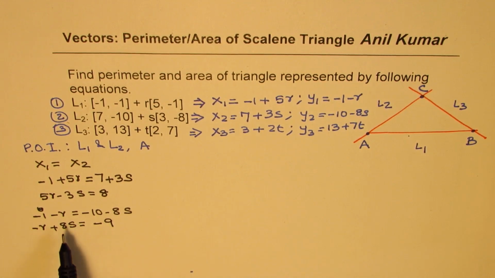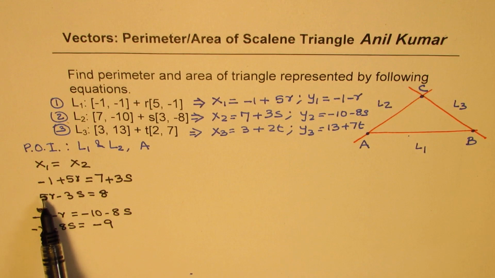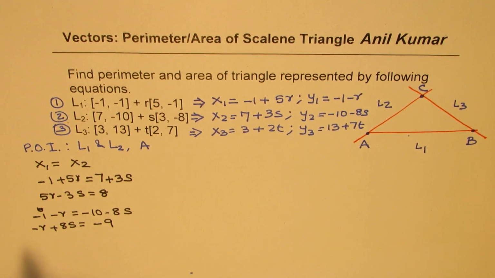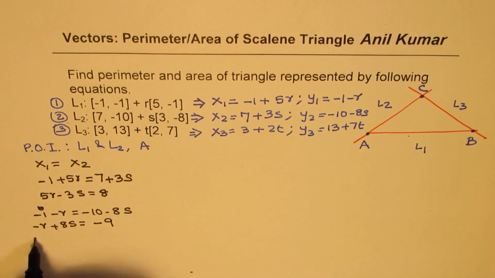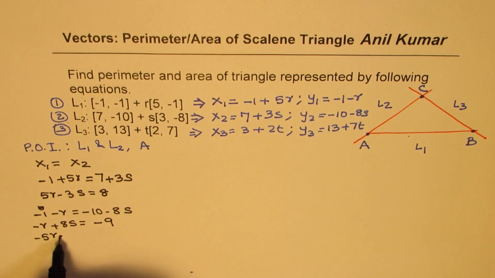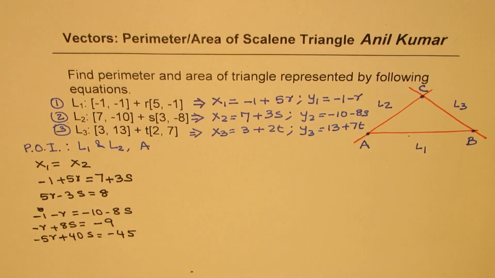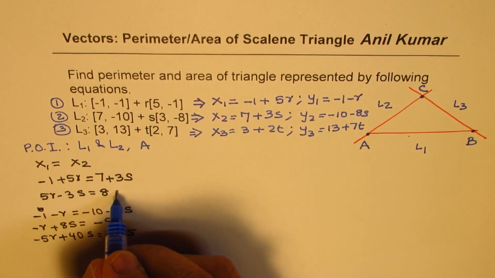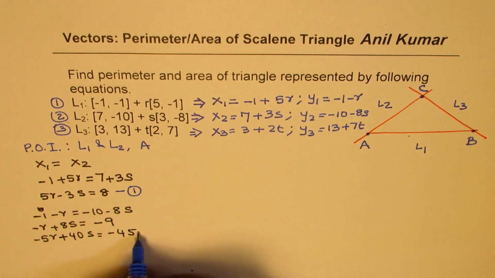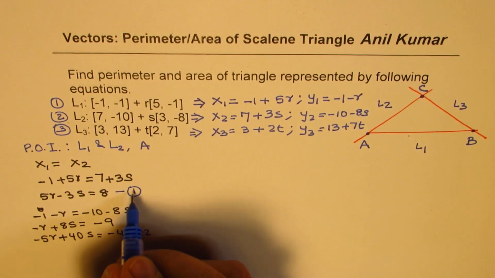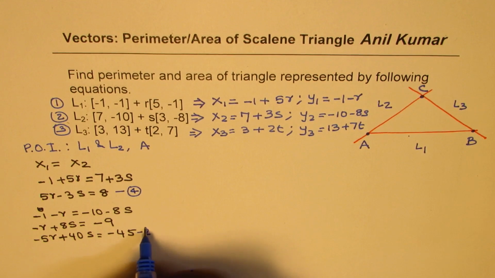Now we could use process of elimination or substitution to find the answer. Multiplying this equation by 5 and then adding, we'll get our result. So I'm multiplying this by 5, so we get minus 5r plus 40s equals minus 45. I should have labeled these as 4 and 5.